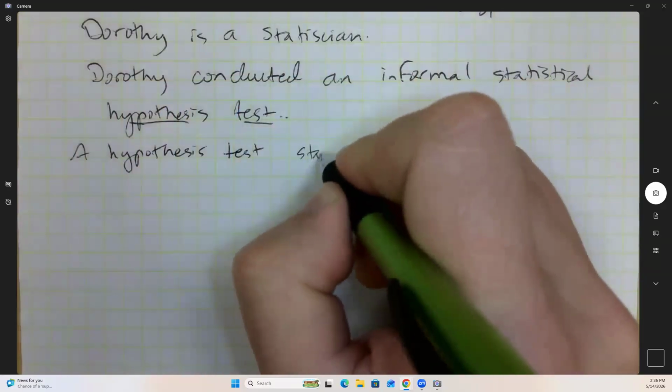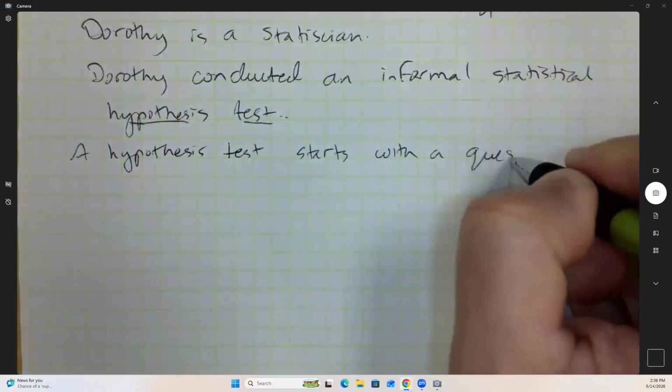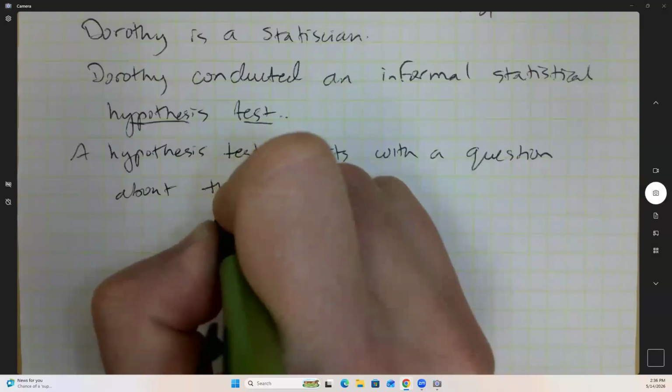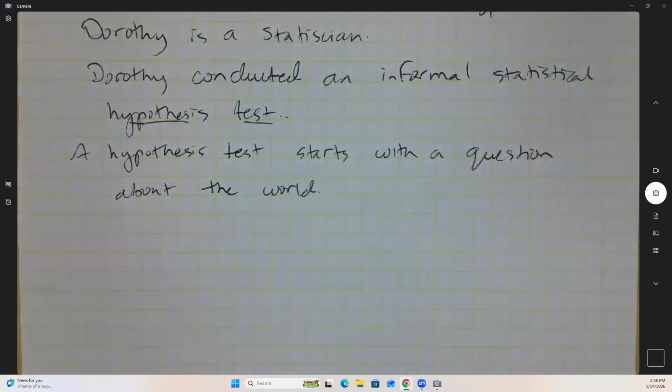A hypothesis test starts with a question about the world. All right, so in Dorothy's case, that question is, am I still in Kansas?